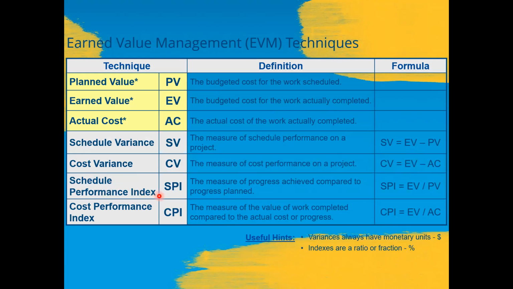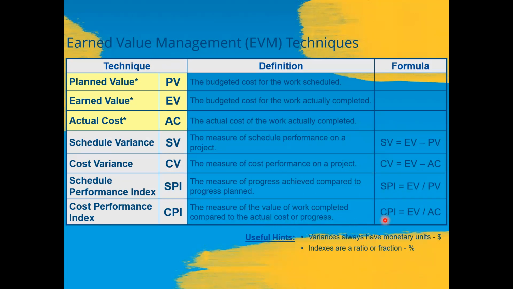Next is the schedule performance index, which is the measure of the progress achieved compared to the progress planned. It's actually a ratio. So earned value divided by planned value will give the SPI, Schedule Performance Index. The last is the CPI, Cost Performance Index. It is the measure of the value of work completed compared to the actual cost.